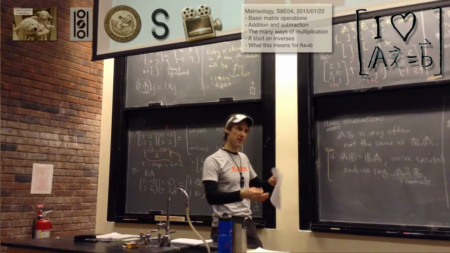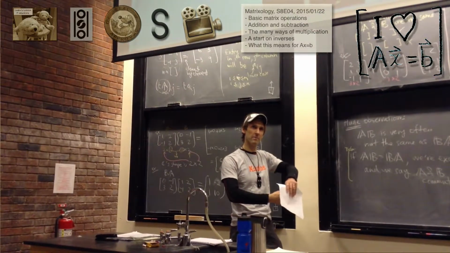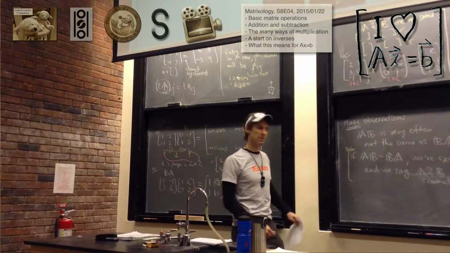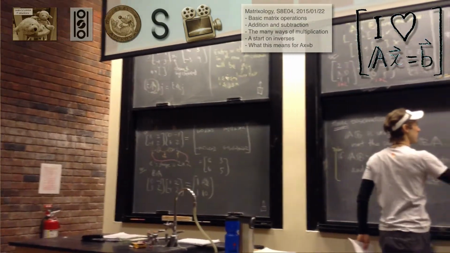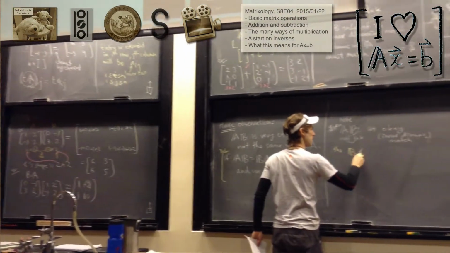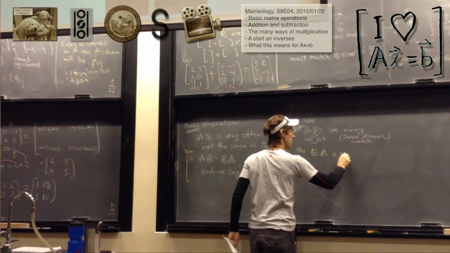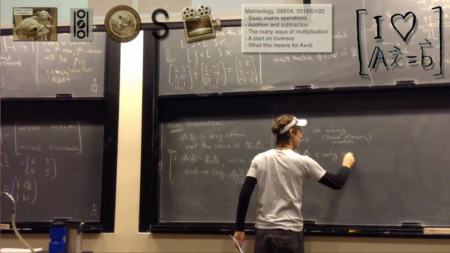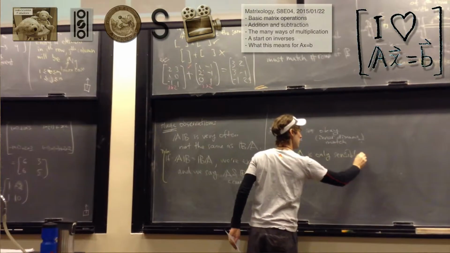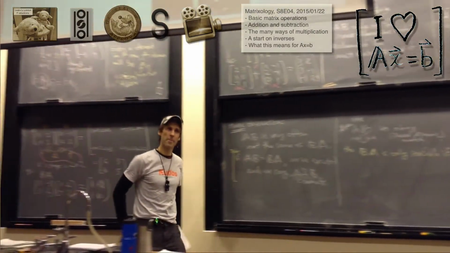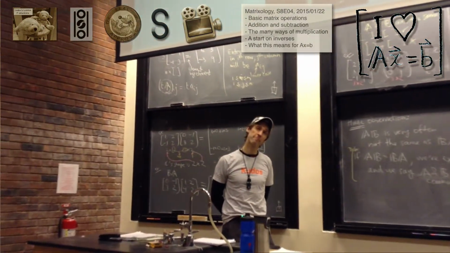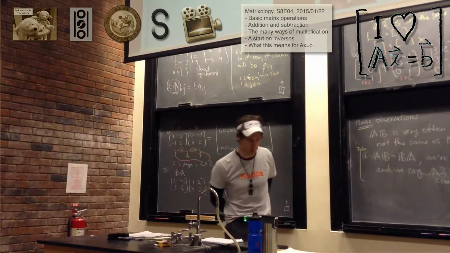We need something else if we can even talk about what BA is. Then BA is only computable, only sensible if what? Did you say m equals k?